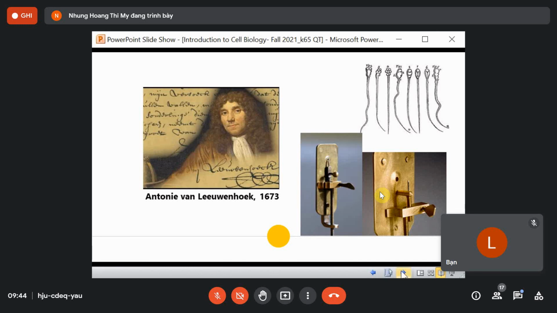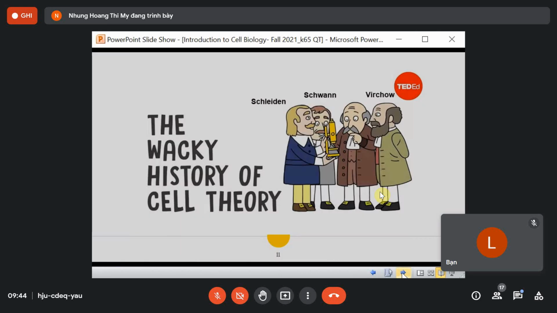So in the 17th century, the cell was first discovered, and from this time, many things involving the cell structure were discovered and found out by many researchers during the 17th and the 18th century.